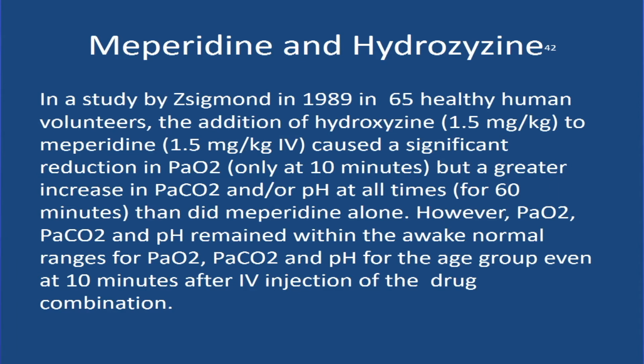However, PaO2, PaCO2, and pH remained within the awake normal ranges for the age group, even at 10 minutes after IV injection of the drug combination. The point of this study was to show that hydroxyzine and meperidine can be used in combination and are much more effective than just meperidine alone.